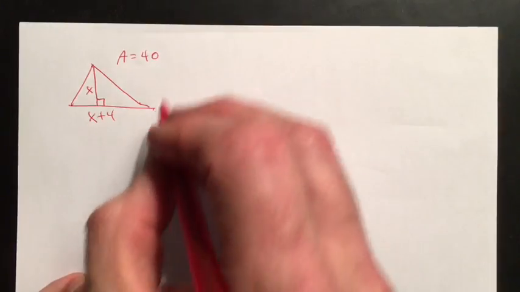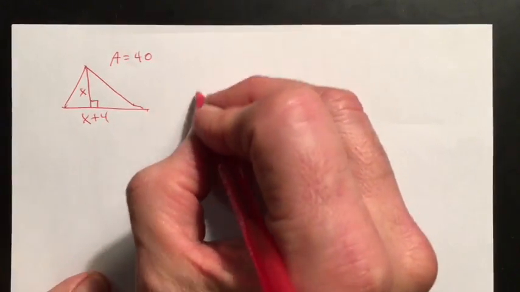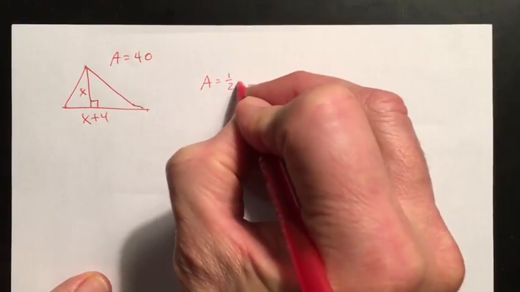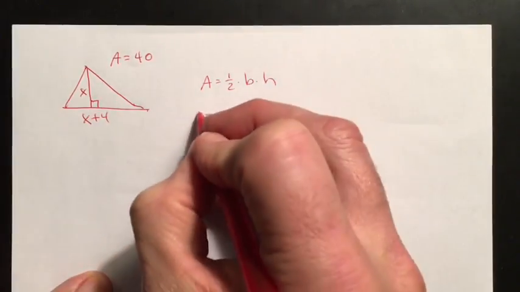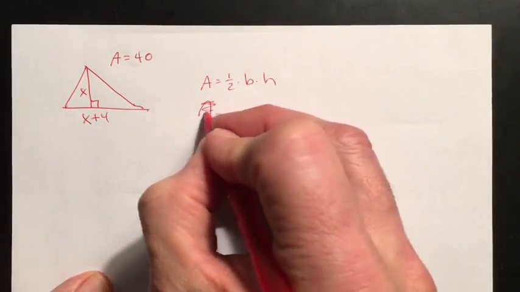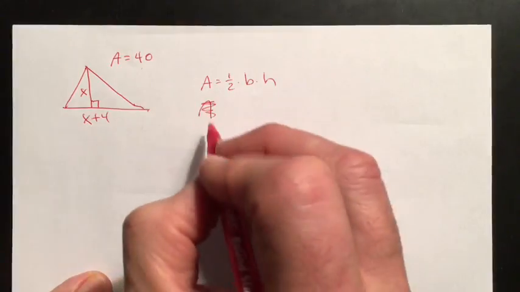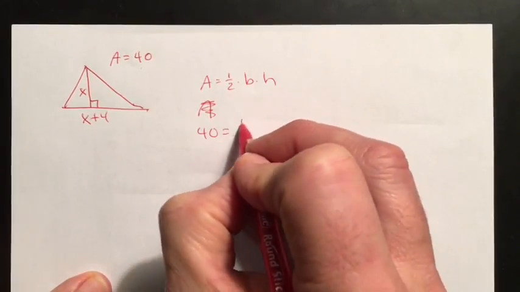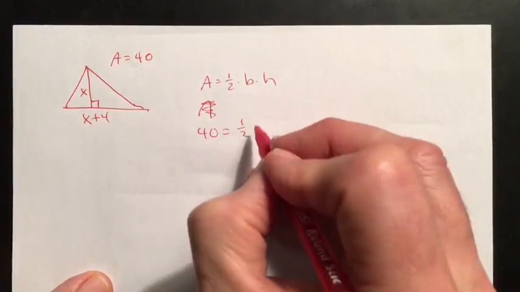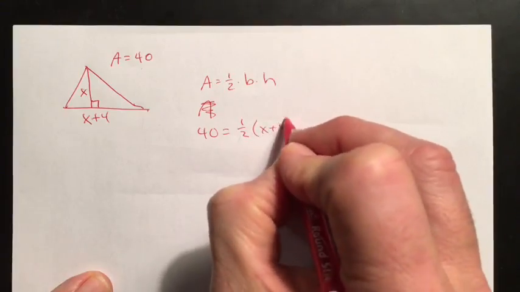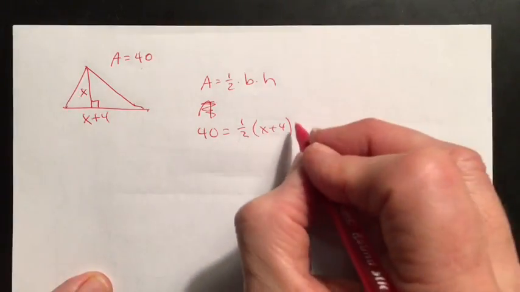So we know the area of a triangle. Hopefully we know that A equals 1/2 times base times height. A is 40. I'm going to plug the values in here now. So 40 equals 1/2, base is x plus 4, and the height is x.